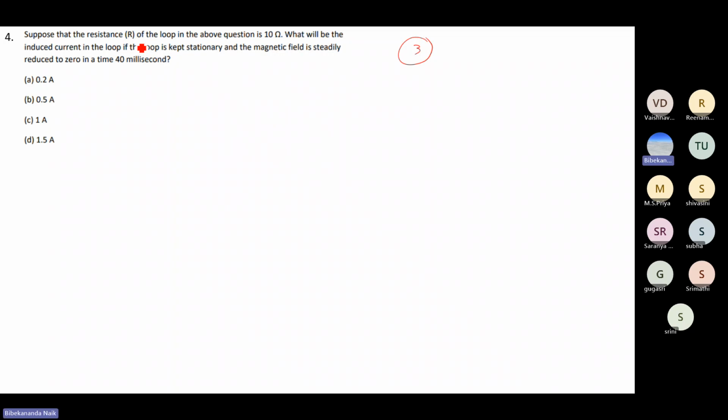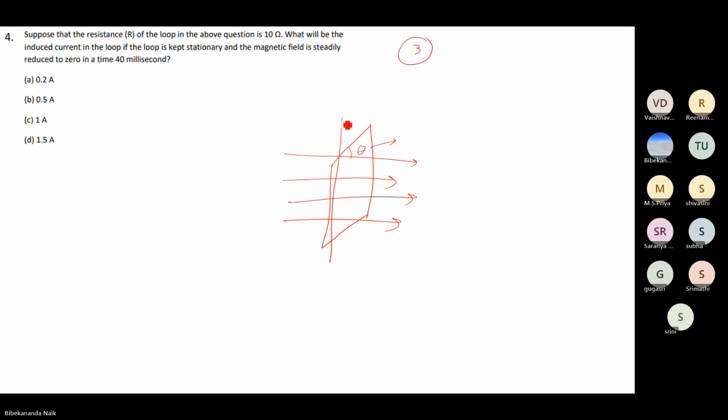So in the previous problem, what we had discussed yesterday, there was a rectangular loop. It had some number of turns, and it was placed in a magnetic field with some angle. So there are two situations. One, this was making an angle 30 degree with respect to the lines of force, and it was rotated such that it makes an angle 90 degree with the lines of force.